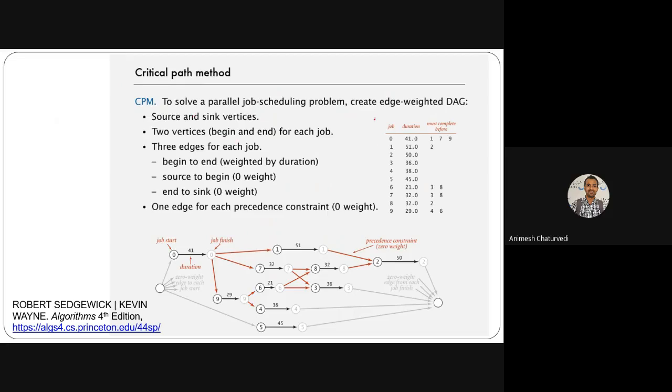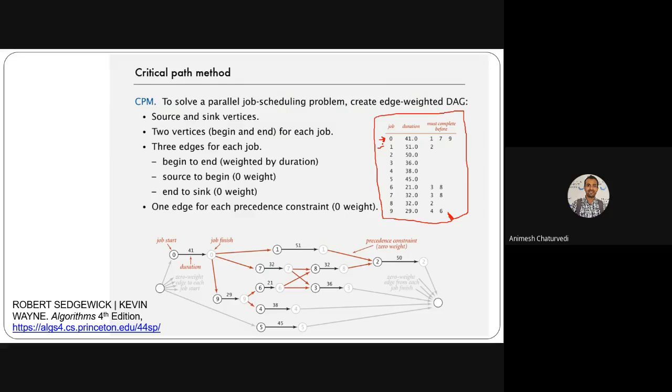This type of information is given to you initially: the jobs and destinations and all this information. And what does this say? This says that job 0 has to be completed first; only then can jobs 1, 7 and 9 be started.